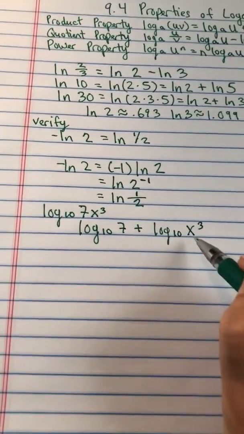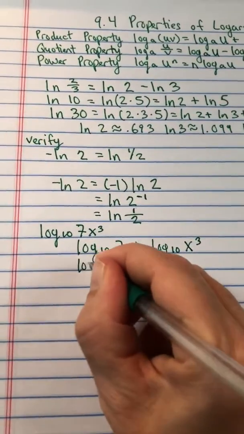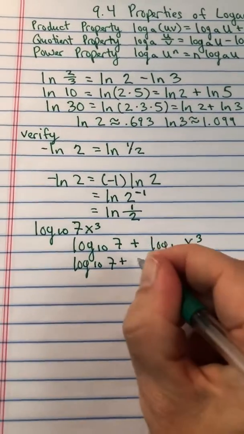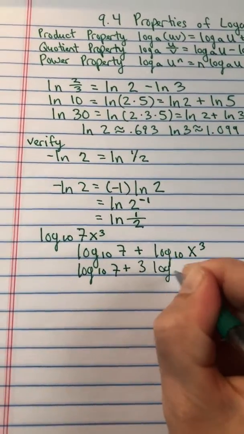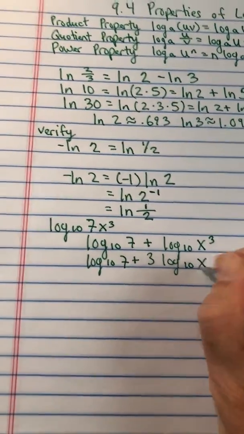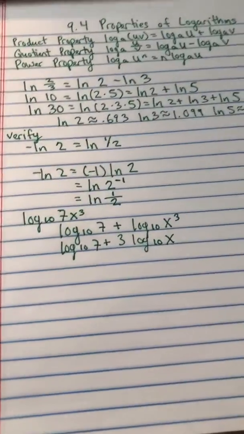Okay, we can go further because that's the power property. So log base 10 of 7 plus 3 log base 10 of x. All right.